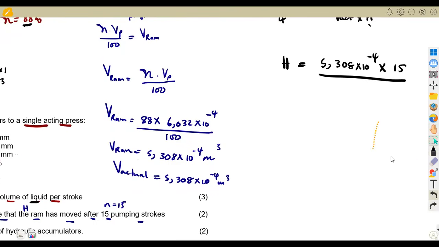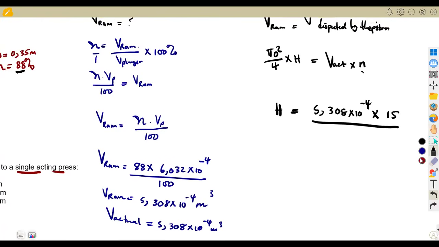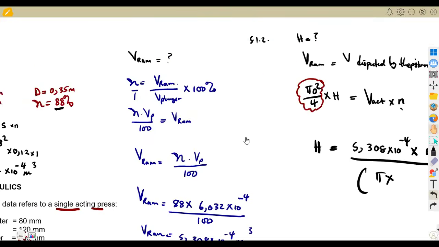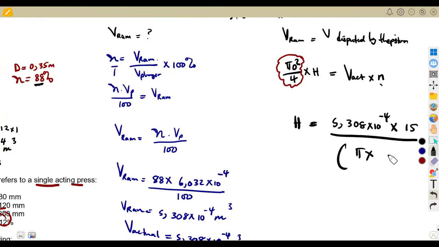In this case, we have to consider that we want H. So we are going to divide by pi d squared over 4 for the area. Remember the diameter from the ram here. We have got the diameter on the ram 0.35, so we are using 0.35 squared over 4.